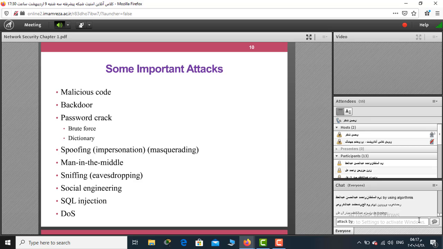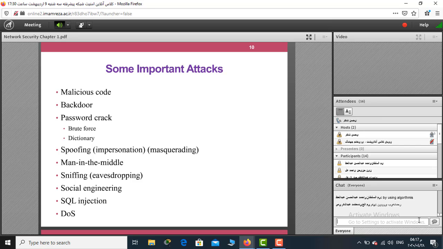On the other hand, we have another type of password cracking attack, that is dictionary. By using algorithms, by using computer systems, because manually it is so hard and impossible to check every possible case.